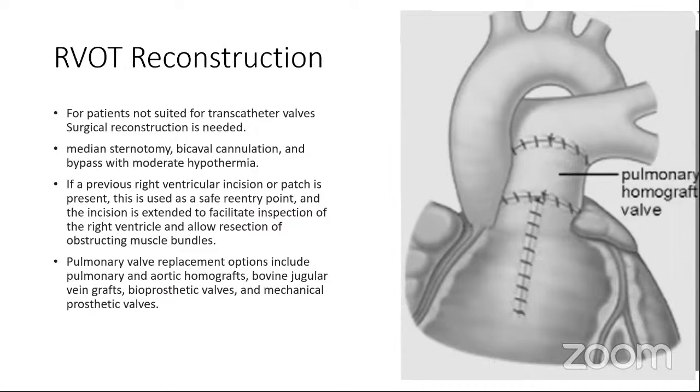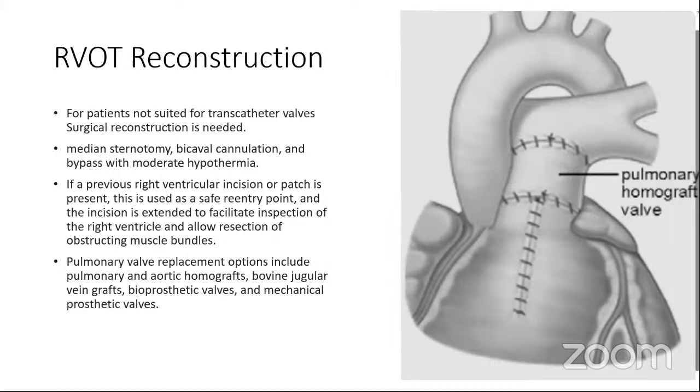For patients who are not suited for the transcatheter valves, the only option left is surgical reconstruction. This is usually done using a median sternotomy with bicaval cannulation and bypass with moderate hypothermia.